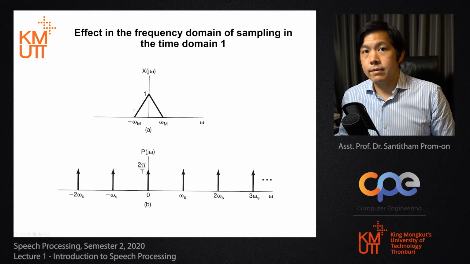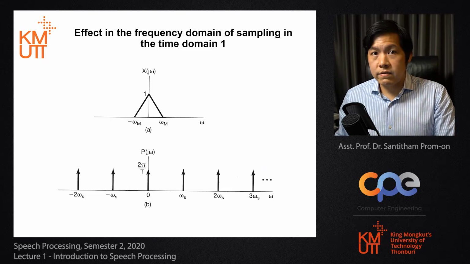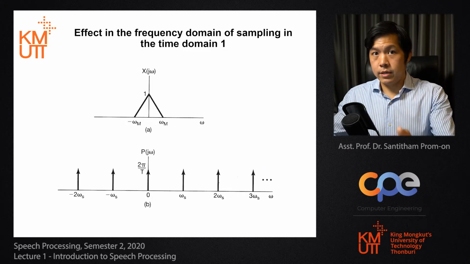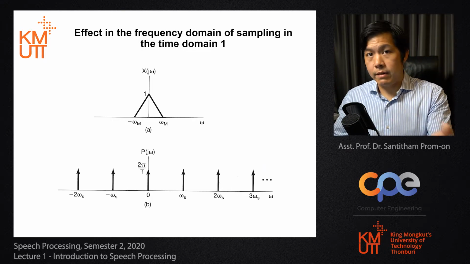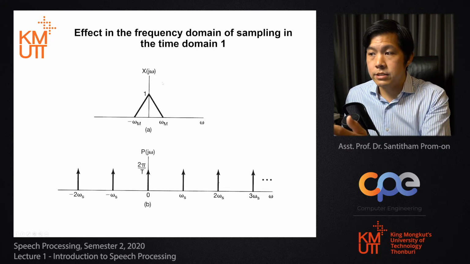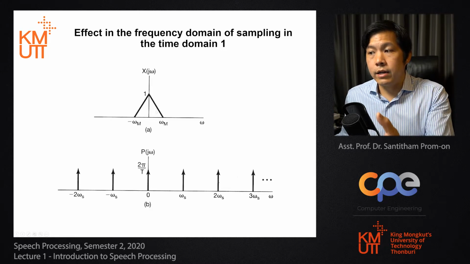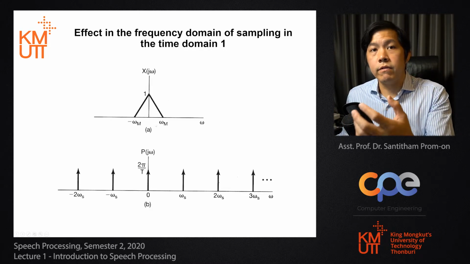Minus ω_m comes from the properties of Fourier transform, that it is symmetric in the plus frequency and minus frequency. But actually, if you take a look at just the real part, the plus frequency, your data will occupy the low part of the frequency, right?